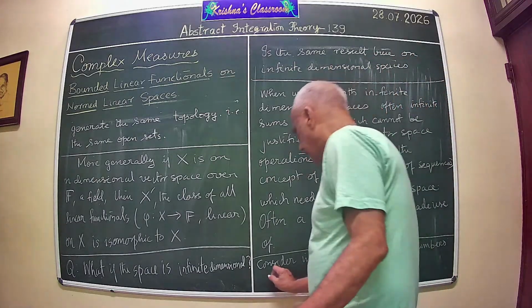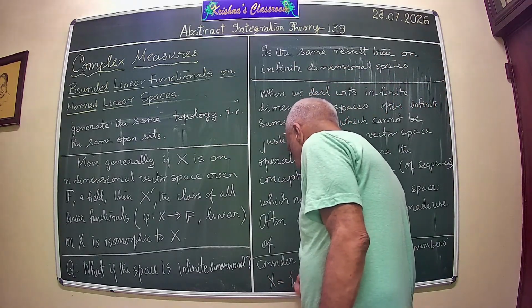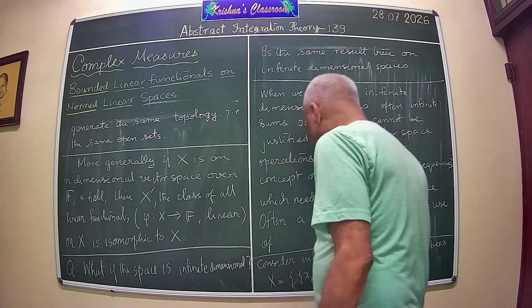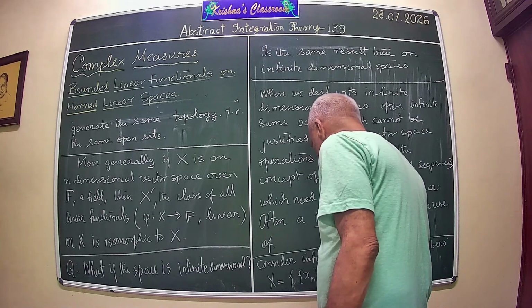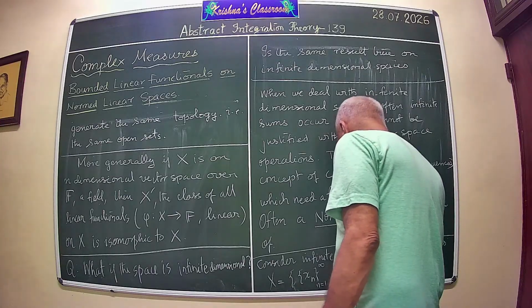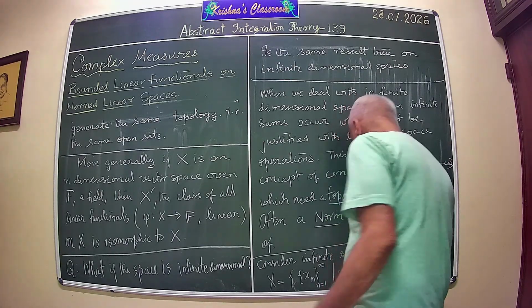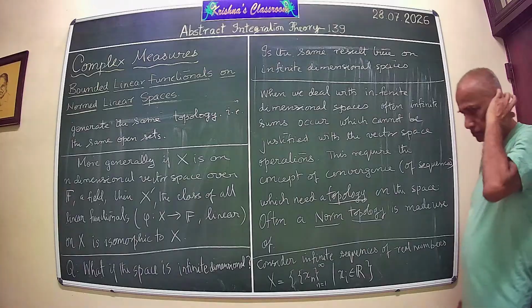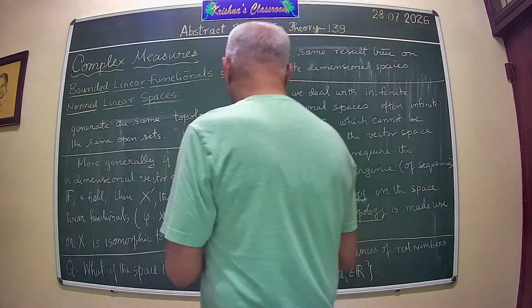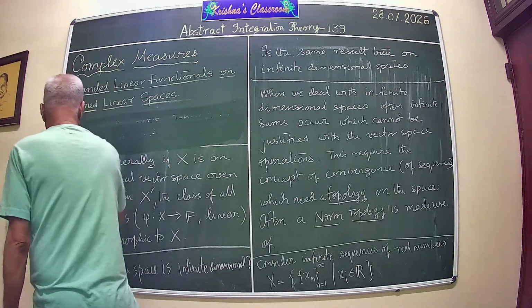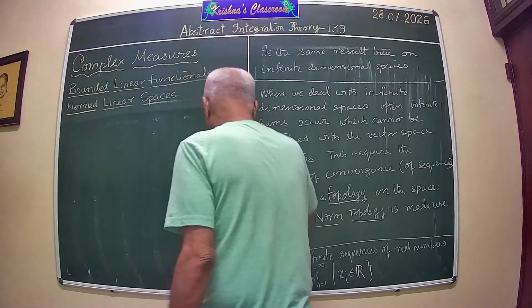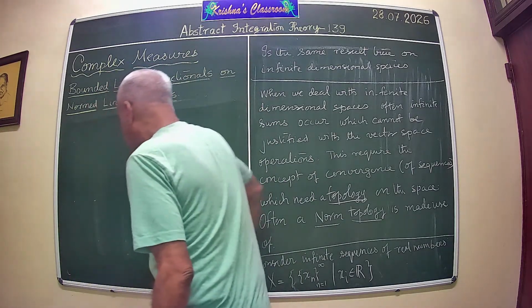So we take x as a sequence in R. Now let us define two norms on that.